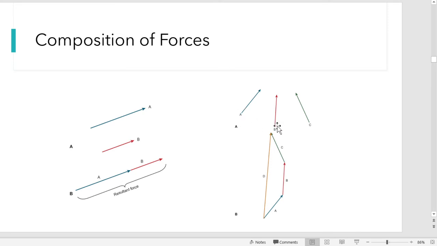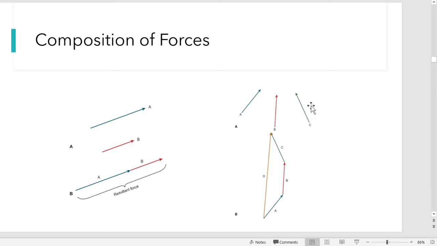So let's take for example, if we have force A, force B, and force C, and they have different directions. All we have to do is to draw the forces in a head to tail manner. You have A, which is this one here, then B, with the same magnitude. When you say the same magnitude, the length of this arrow should be the same.